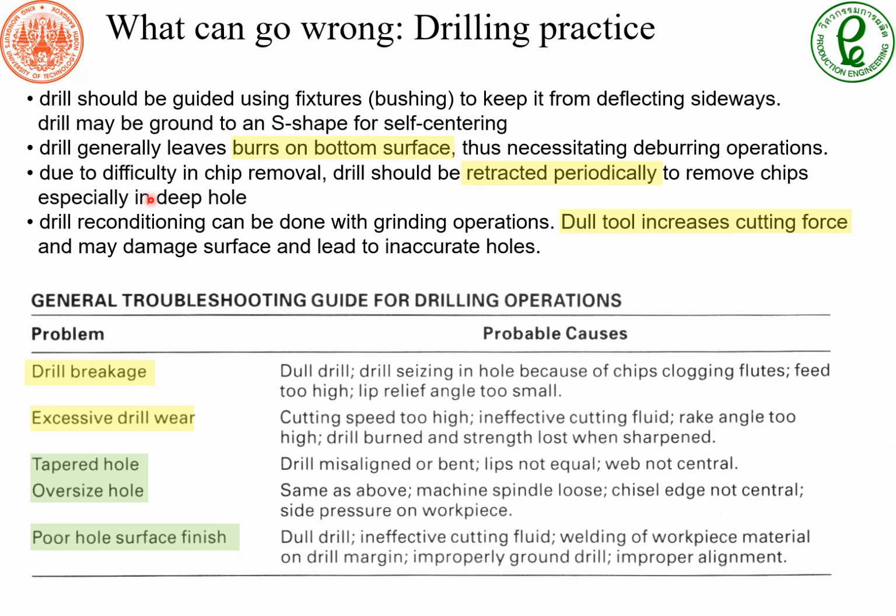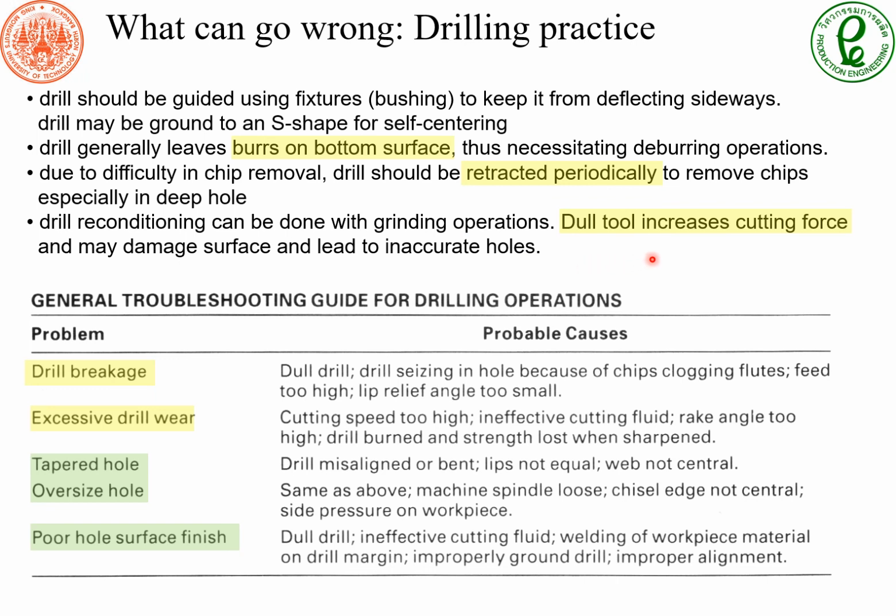And because of the difficulty in chip removal, the drill should be retracted periodically. Even though the cutting chip can flow up through the spiral out of the workpiece, as a practice, the drill must be retracted periodically to remove the chips, and we also flush the hole with cutting fluid periodically to help remove the chips.